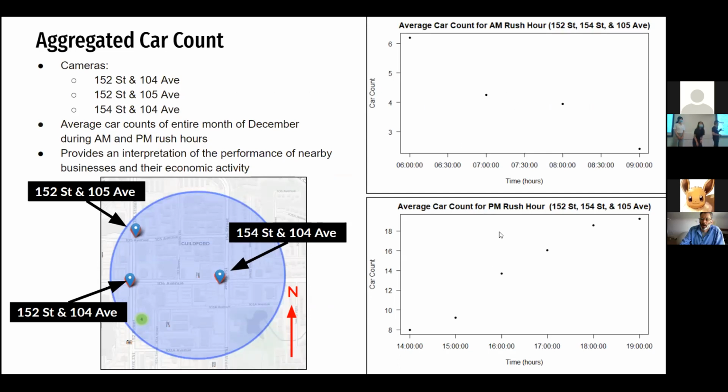The y-axis shows the magnitude of the counts. Overall, this provides an interpretation of the performance of nearby businesses and economic activity.